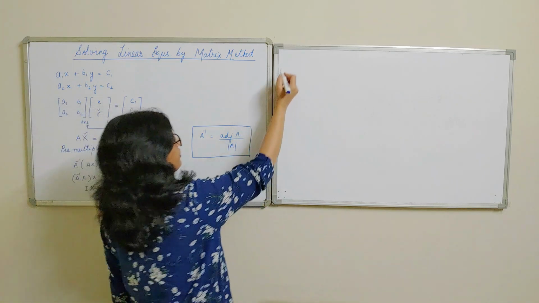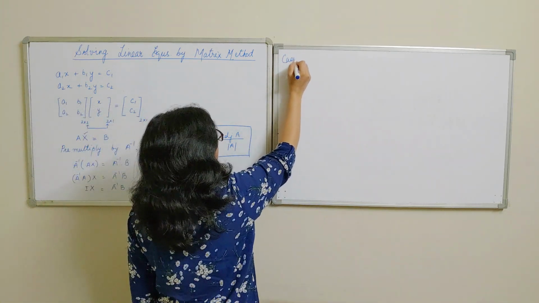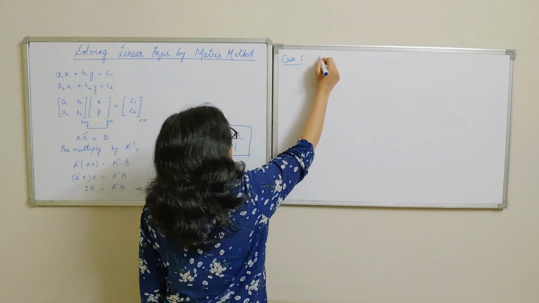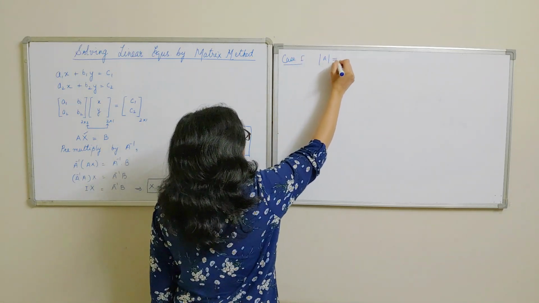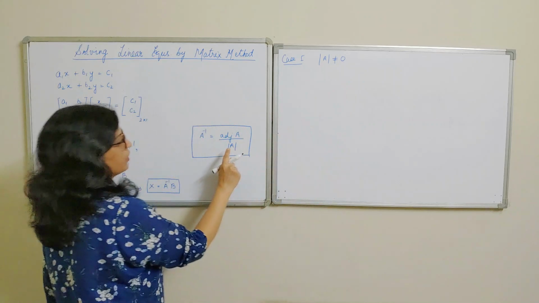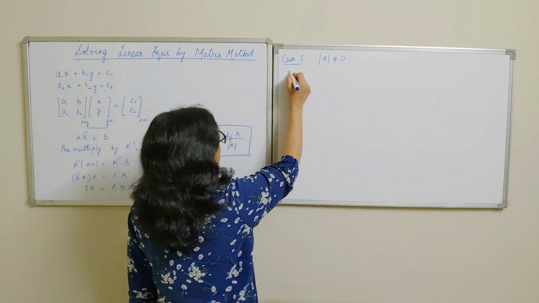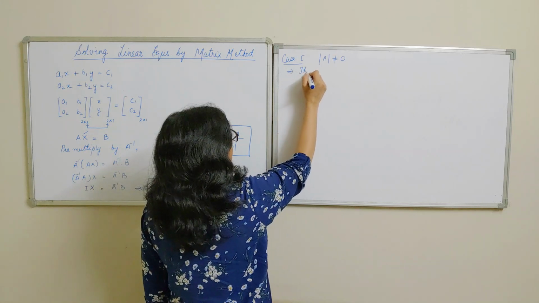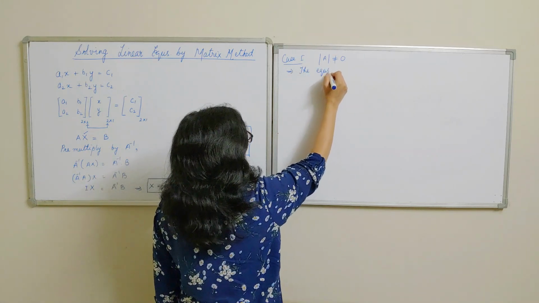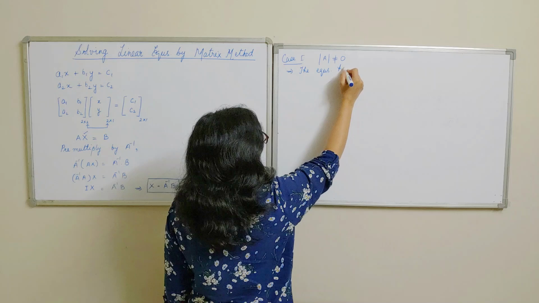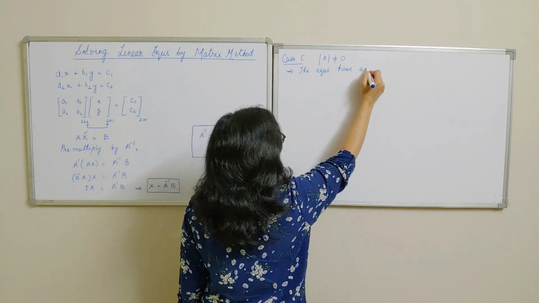Now here certain cases arise. First case, determinant A is not 0. If determinant A is not 0, then this means that the pair of equations or the set of equations have a unique solution.